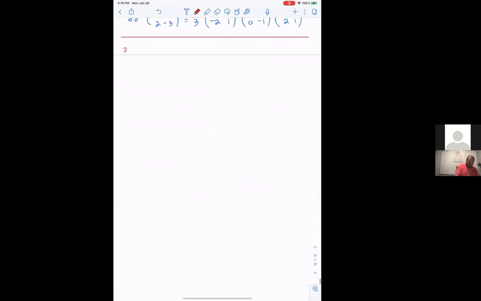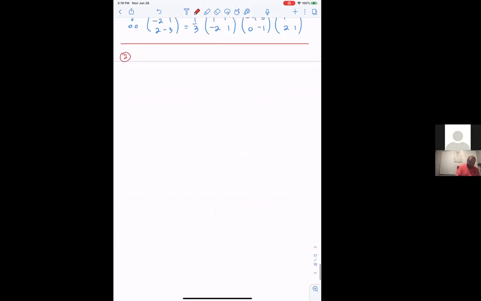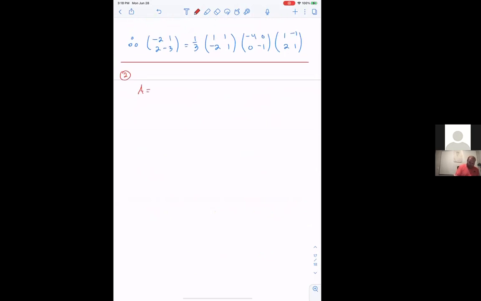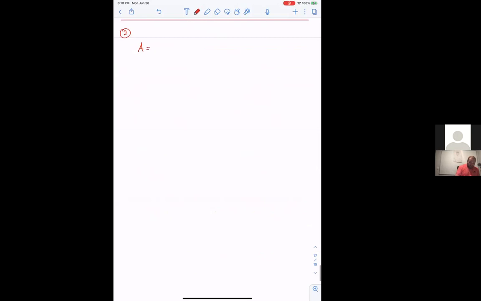Question number 2. It says, consider A equals 16, -35, 6, -13. Determine the eigenvalues and eigenvectors of A, and then state why A is diagonalizable. So 16 minus lambda, -35, 6, -13 minus lambda.